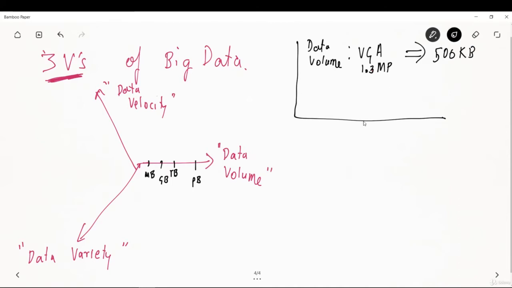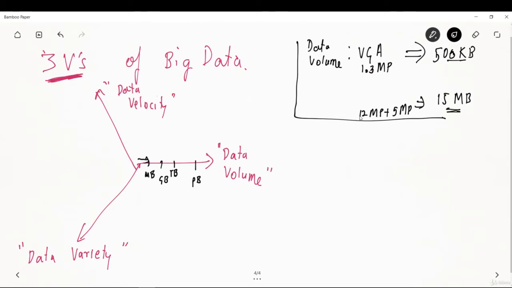But at the current time, with dual camera, triple camera and so on, say a 12 megapixel camera plus one more 5 megapixel camera, if you take a photo in good resolution, the photo will be approx 15 to 20 MB. So the same photo, clicked some time back using a VGA or 1.3 megapixel camera, was just in KBs, but now it is in MBs. From KBs, it jumped to MBs.